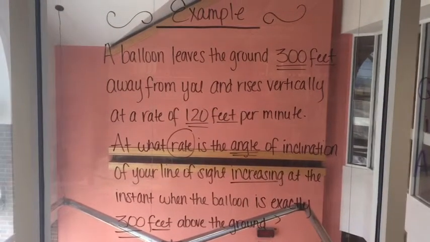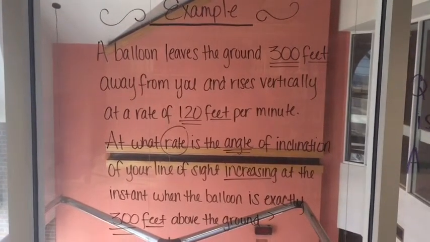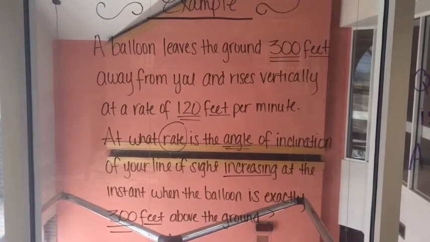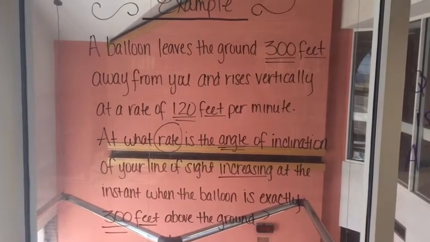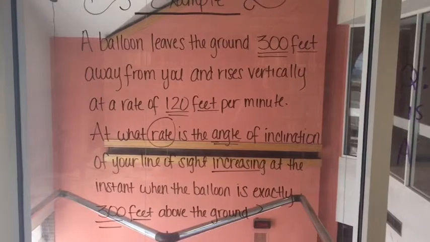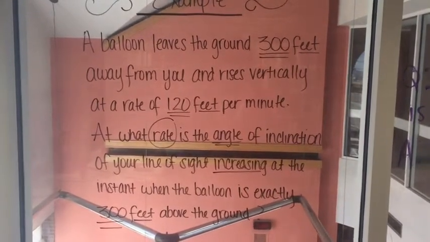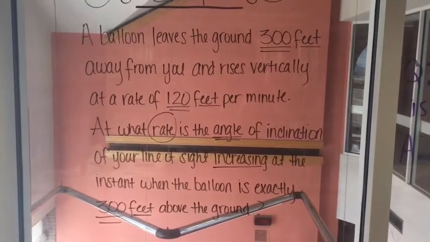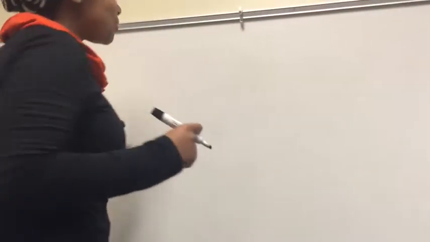Our example is, if a balloon leaves the ground 300 feet away from you and rises vertically at a rate of 120 feet per minute, at what rate is the angle of inclination of your line of sight increasing the instant the balloon is exactly 300 feet above the ground? What we need to solve this problem is a few key factors.